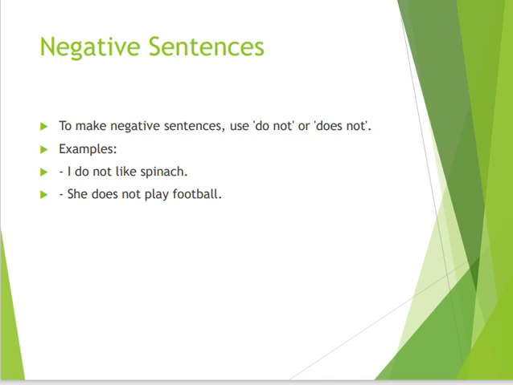Or you can say, I don't like spinach. For he, she, or it, we use does not, or doesn't. For example, she does not play football. Or, she doesn't play football. This is how we say what we don't do in the present simple.